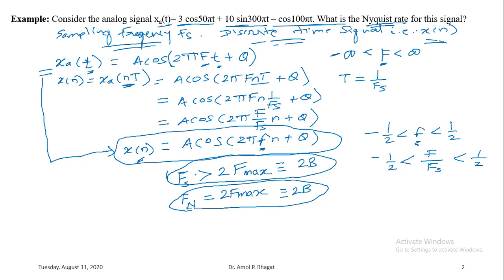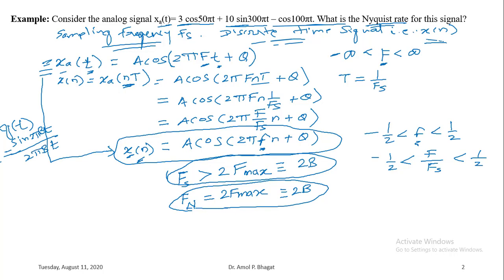So now let's look at the sampling theorem. We have also seen that this analog signal, x of t, can be reconstructed from x of n by using the interpolation function, that is g of t, which is nothing but sin 2 pi Bt upon 2 pi Bt.